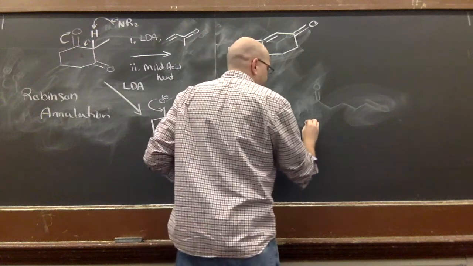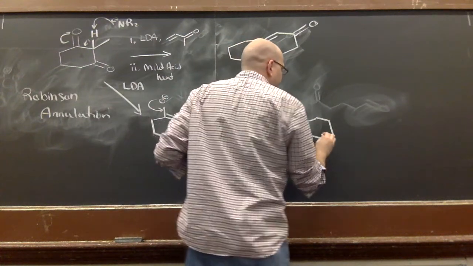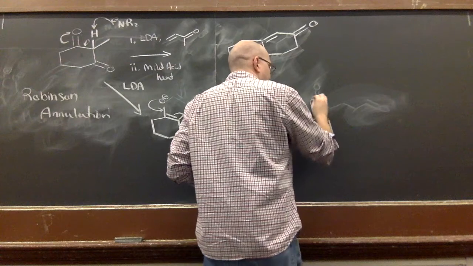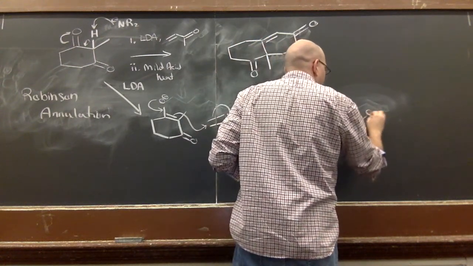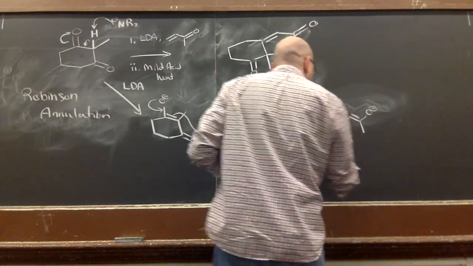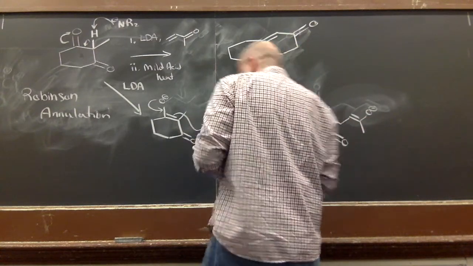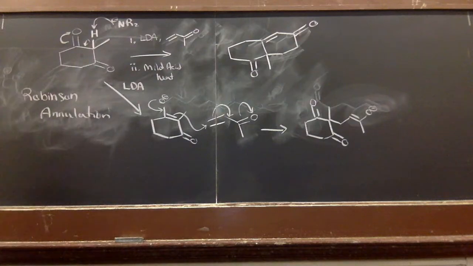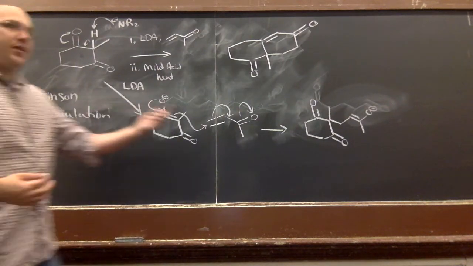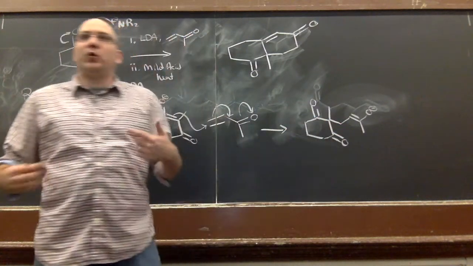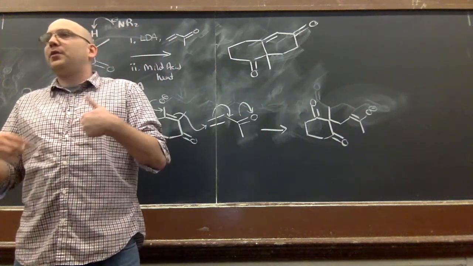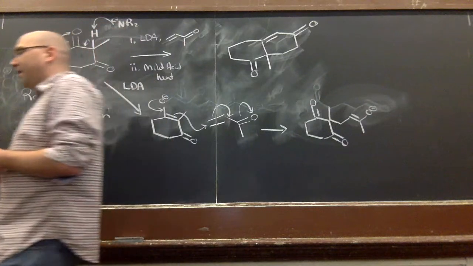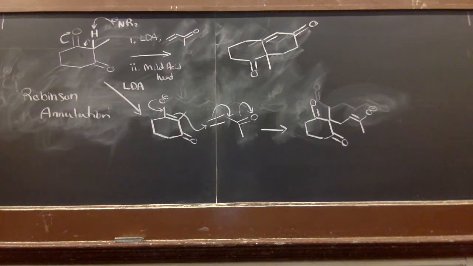Okay, so this is the Michael addition. And in fact, again, we have that enolate. For the sake of board space, I'll just leave it there for a moment. But recognize that once we're here, we can eventually go to the keto form.